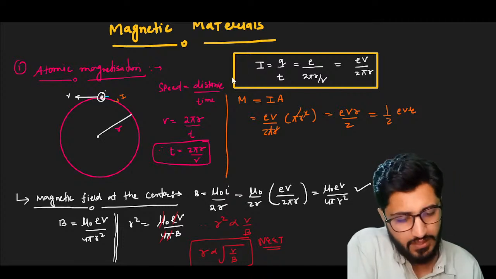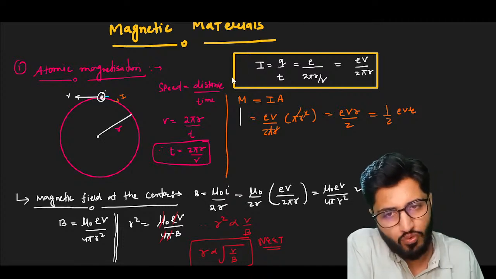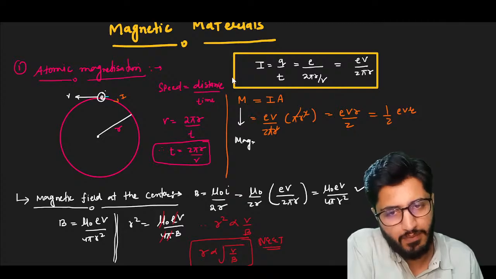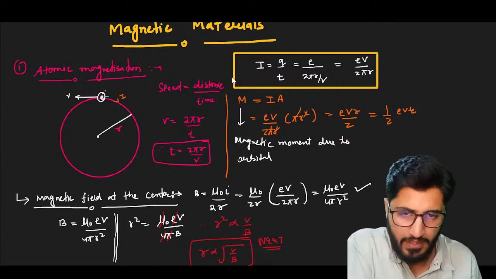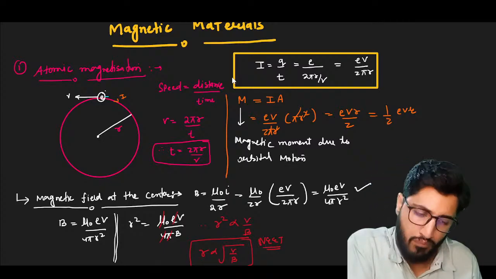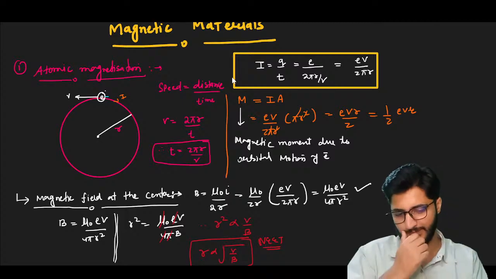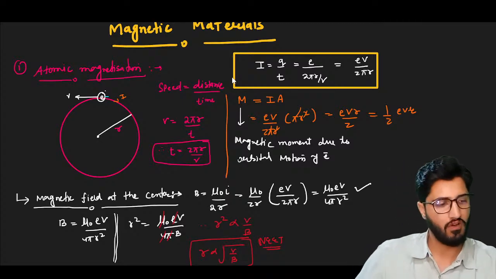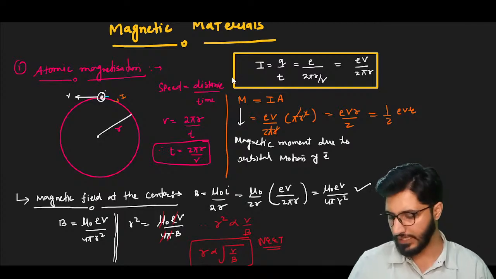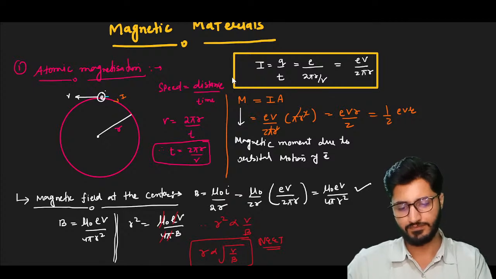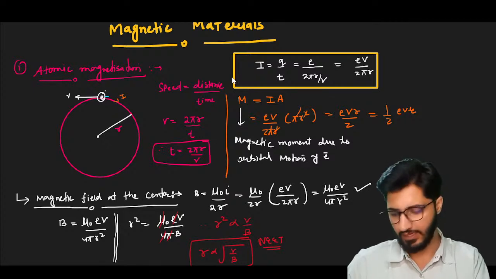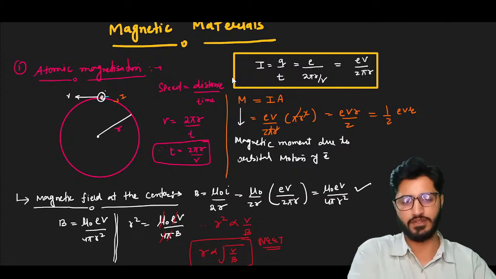It is the magnetic moment due to orbital motion of the electron. Done? Clear, beta? Easy or super easy?